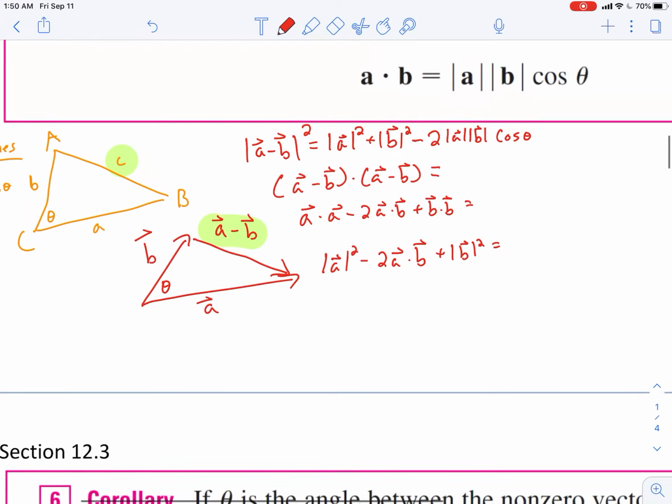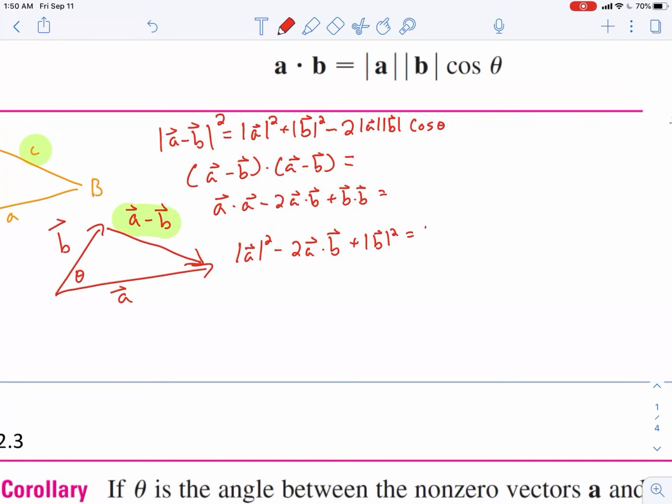And that's equal to, now I'm going to write all the stuff on the right hand side. The magnitude of a squared plus the magnitude of b squared minus 2 times the magnitude of a times the magnitude of b cosine theta.